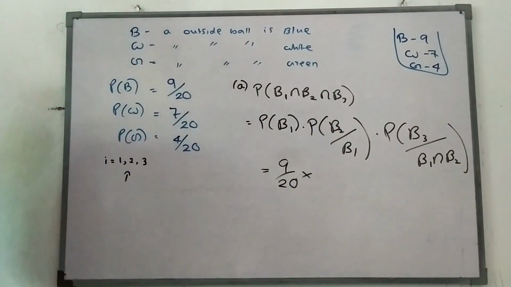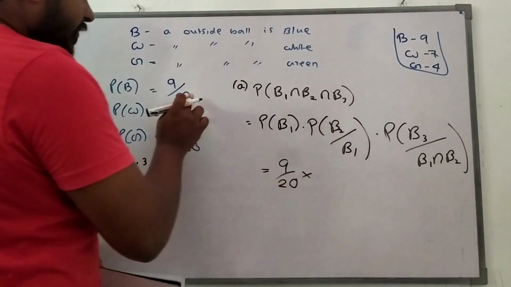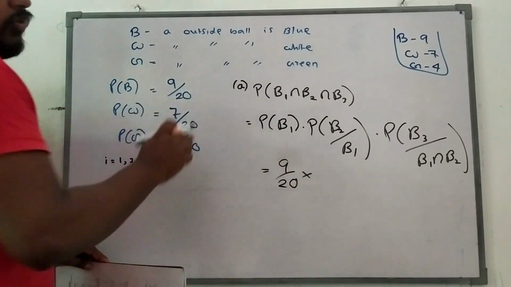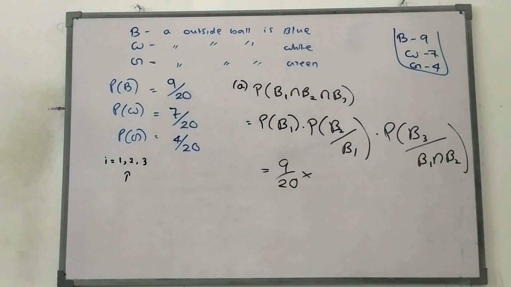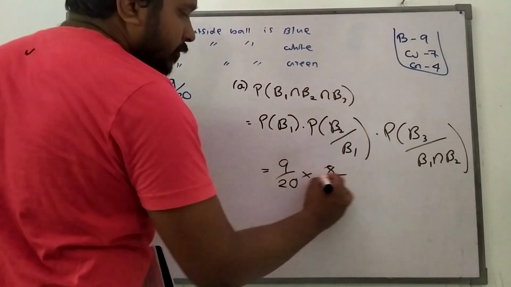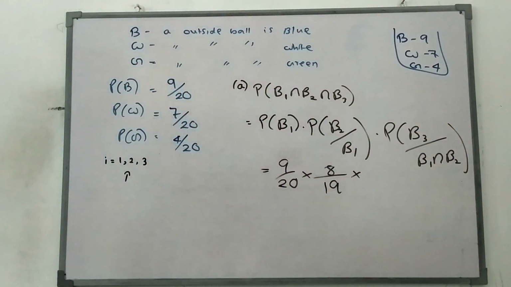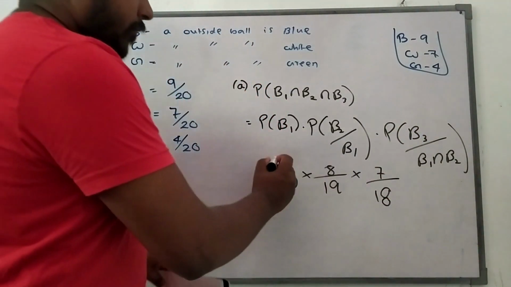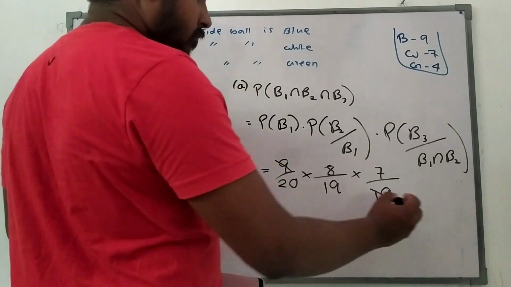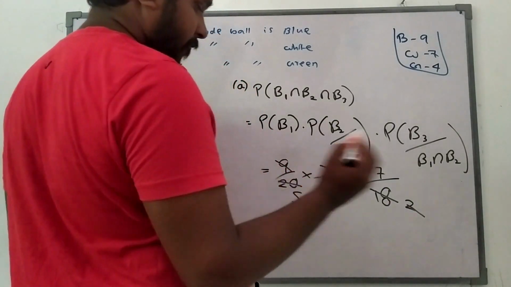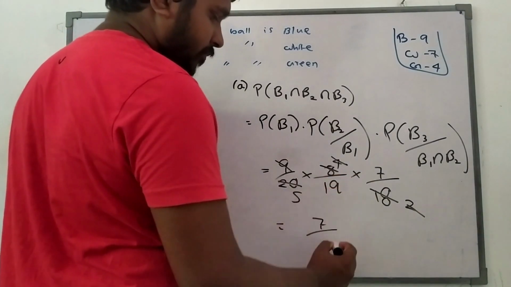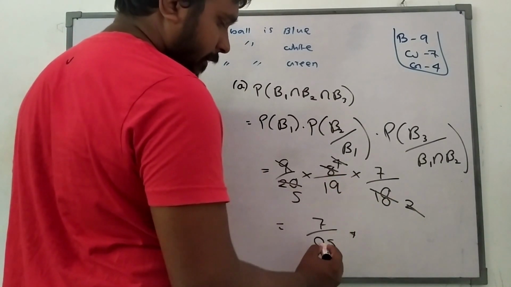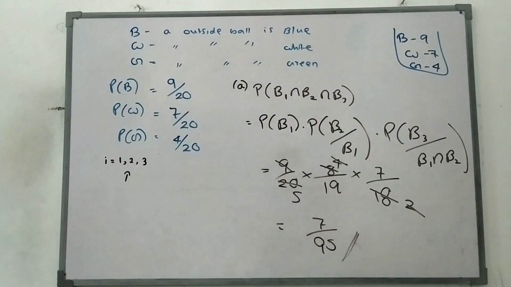The probability that the second ball is blue when the first ball is blue, with one now outside, and thinking the balls are taken without replacement, is 8 over 19. The third ball is again blue, 7 over 18. So it's cancelled, and we get 7 over 95. This is the probability that all three balls are blue.